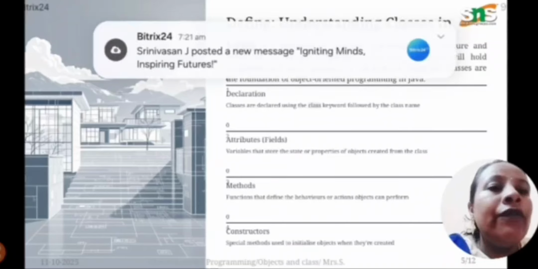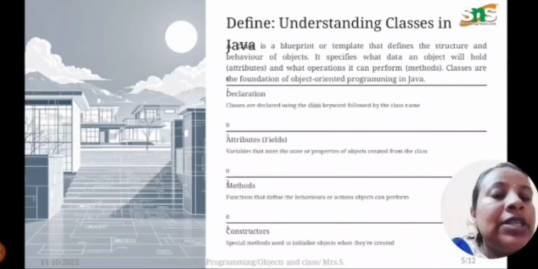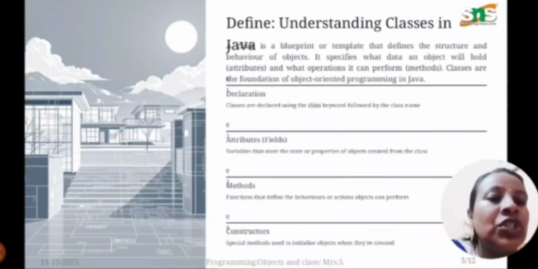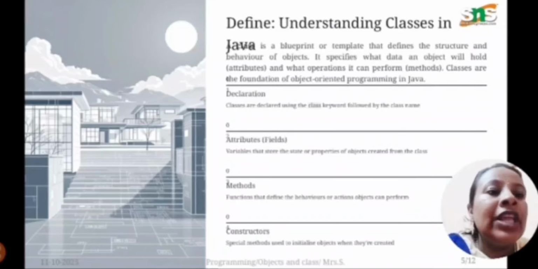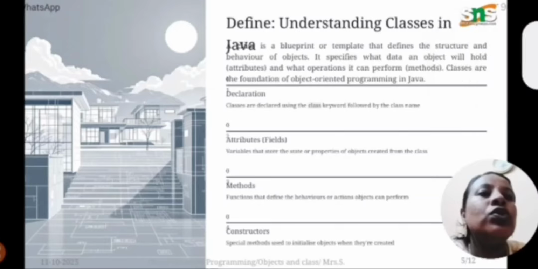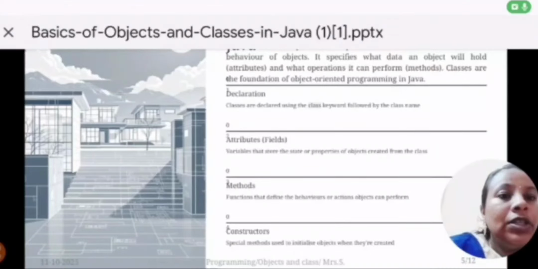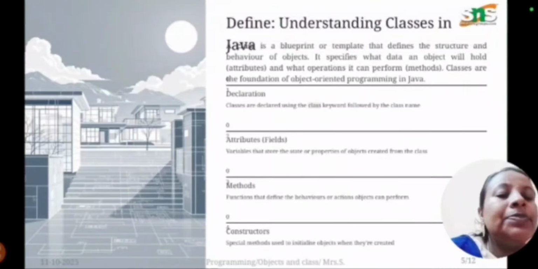This is called a method. So next one is constructors. Special methods used to initialize objects when they are created. So a constructor is used for initializing the object.